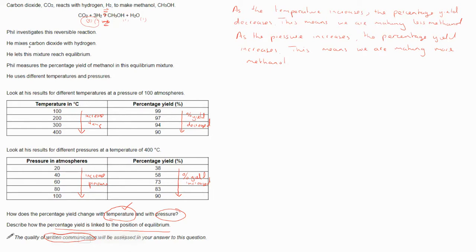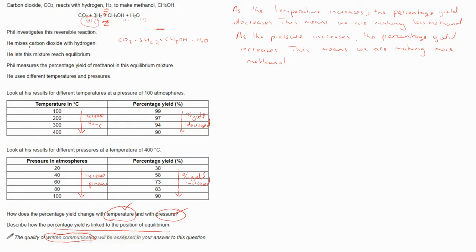Right, so we've done the pressure as well. So now we need to describe how the percentage yield is linked to the position of equilibrium. I've run out of space here, so I'm going to rewrite this equation. So we have a forward and a backward reaction. The position of equilibrium describes the ratio of the products to the reactants.